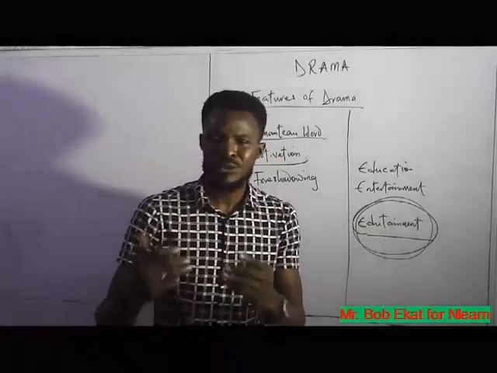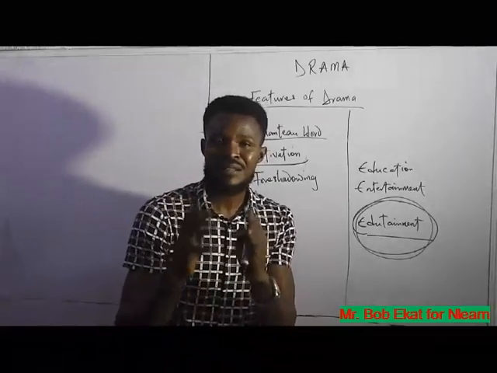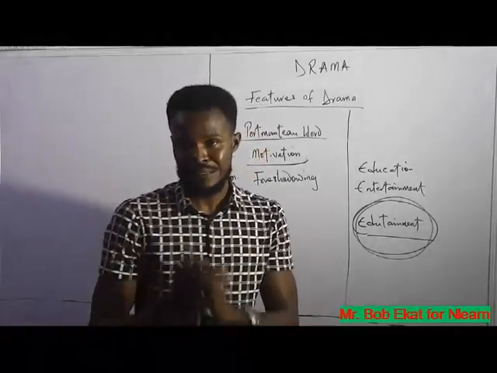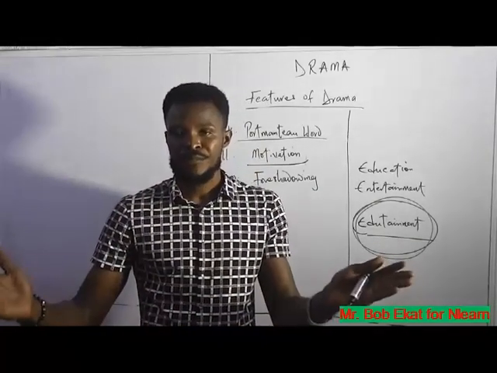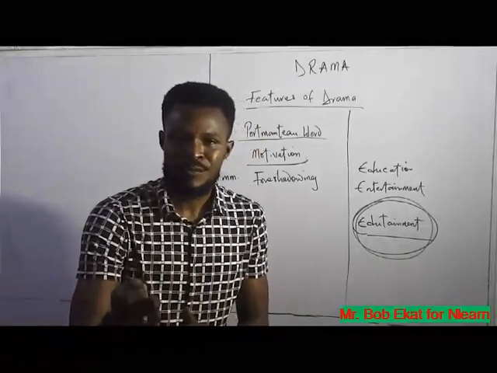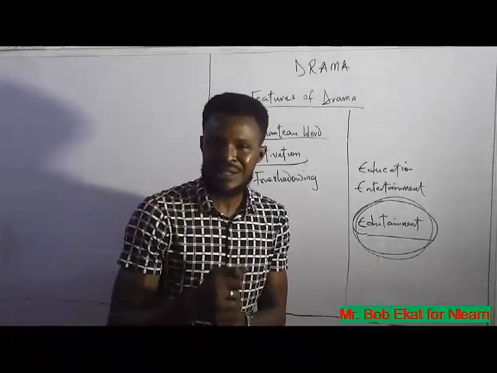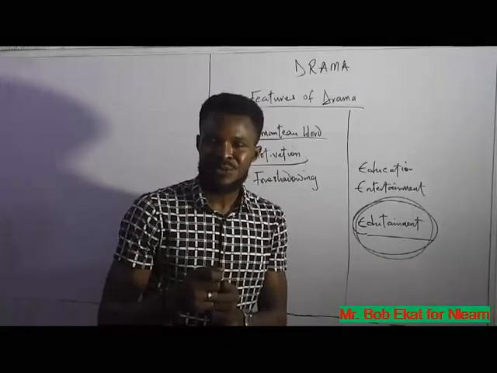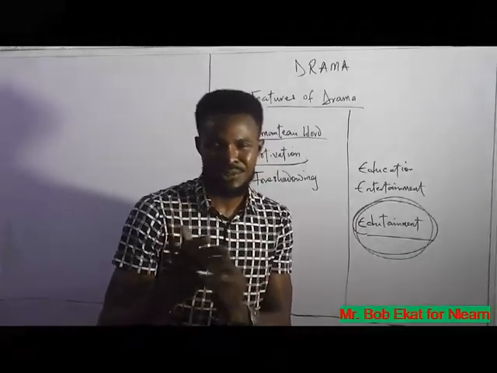For a character to do a thing in a play, the rationale has to be well portrayed. If a character is evil in a play, what is the motivation for the evil of that character? It is the duty of the playwright to portray why that character is evil.